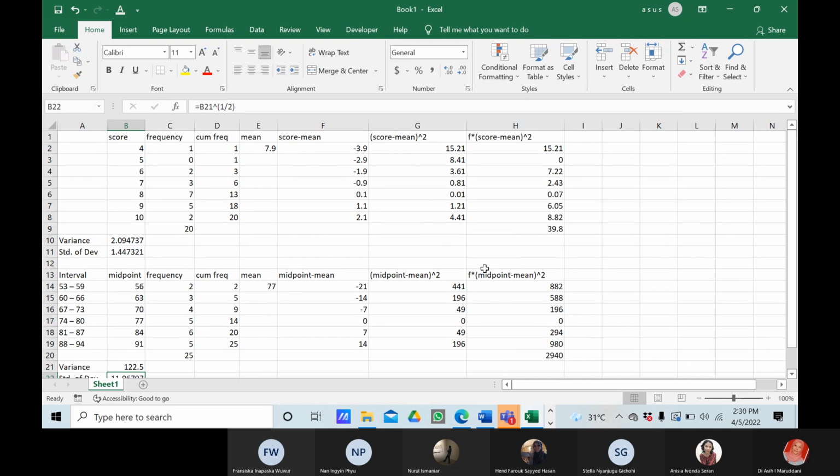I hope that by presenting the two tables on the same screen, you can see the difference between the calculation of these two tables.